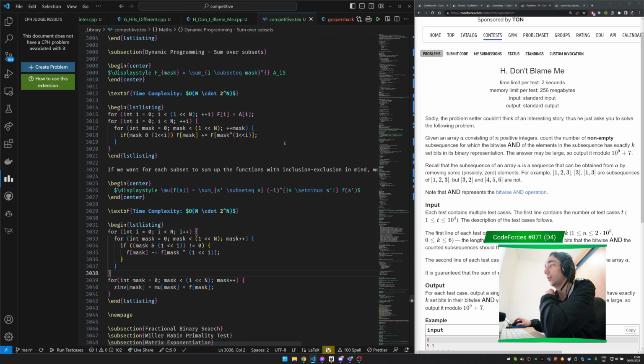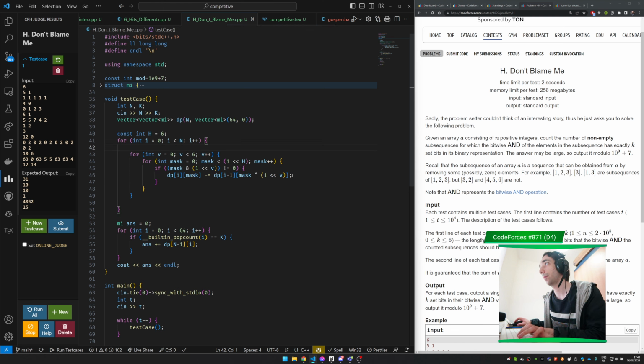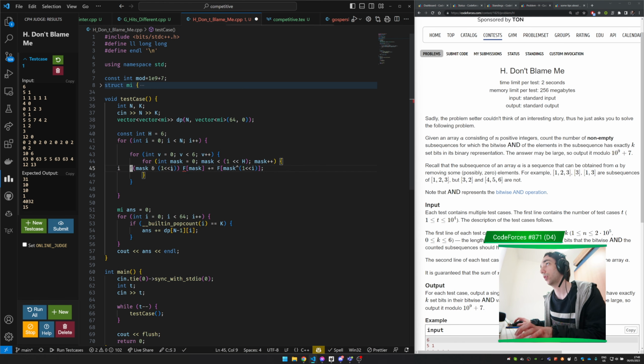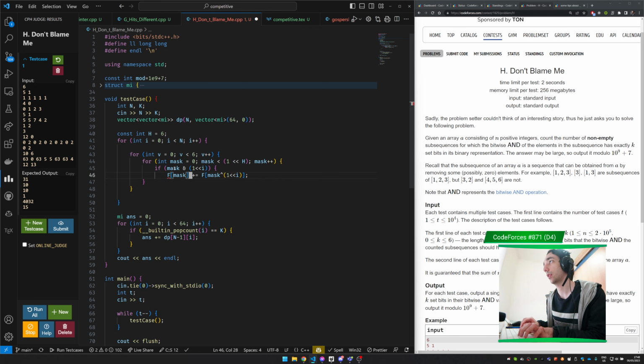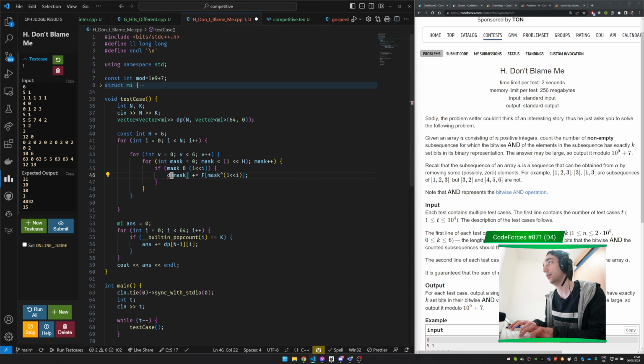Now, technically, we don't want inclusion exclusion, right? No, technically, we don't want inclusion exclusion. Technically, we can just do this. So technically, this is dp of i, this is dp of i minus 1 without this bit, right?